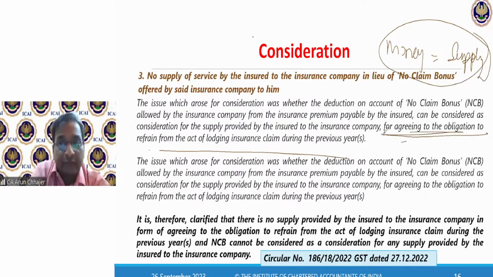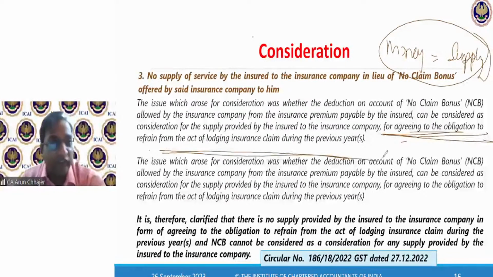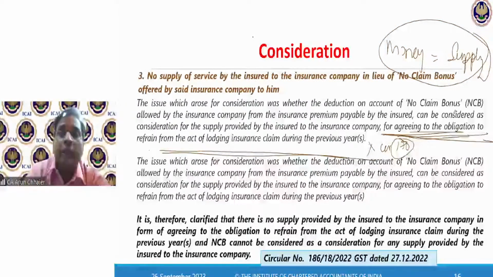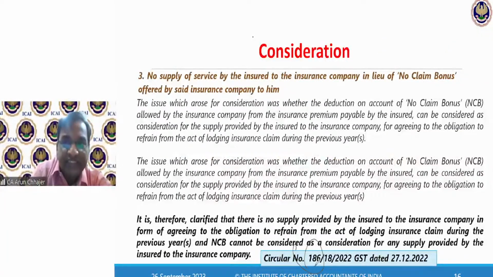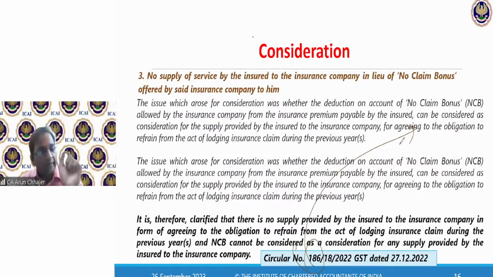I will discuss multiple examples in Schedule 2, para 5, clause E, with the help of Circular 178. You will understand this term, but yes, Circular 186 has picked one example, the no claim bonus. It is very interesting.